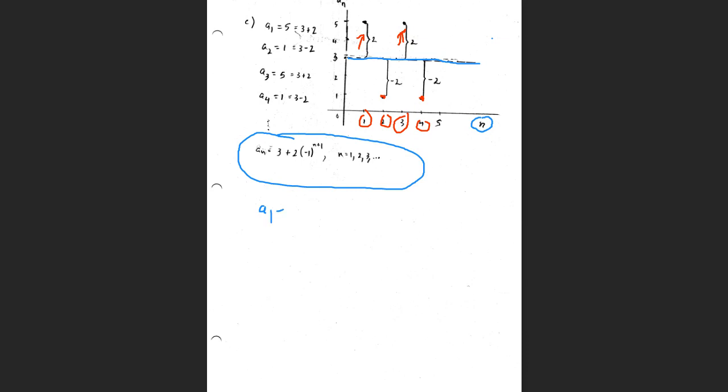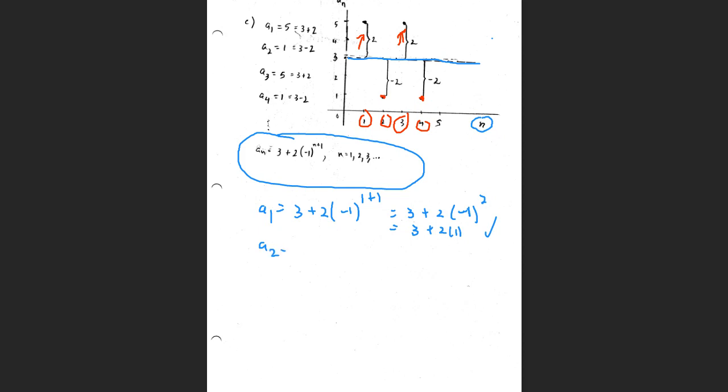if I just write, a sub 1 would be 3 plus 2 times negative 1 to the 1 plus 1 power. That's 3 plus 2 times negative 1 squared. And that's going to get you 3 plus 2 times 1, and that's 5. So that checks out.